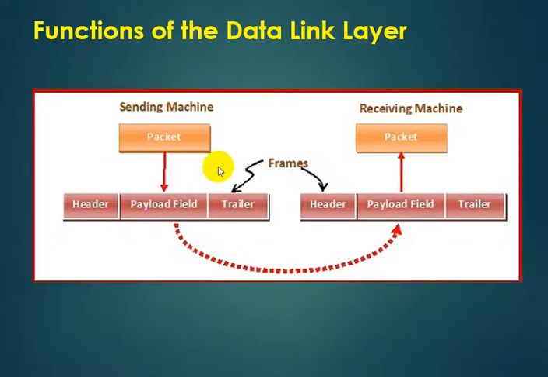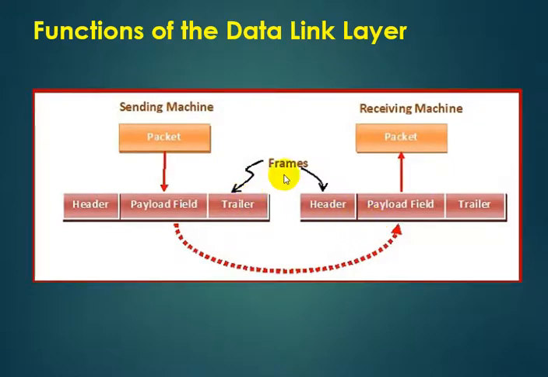these packets are divided into frames with a header, payload field and trailer. Whatever message is received will be stored, and the message starts with the header and includes the trailer. We place a header and a trailer on that message, and that is what we call a frame. These frames are sent to the receiving machine.